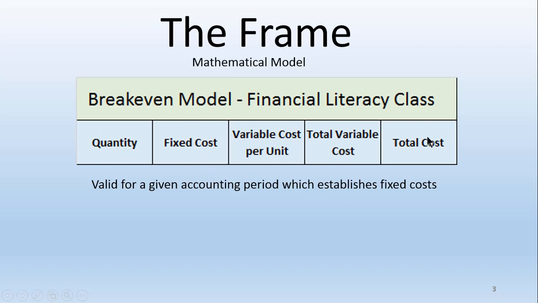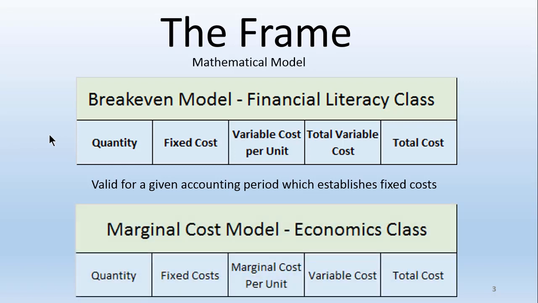and just total cost. Now, this model is good for a given accounting period, because from the accounting period, you establish your fixed cost. For example, if it's a monthly period, you might put rent down as a fixed cost. Now, the economics world takes this exact same frame, and they change it slightly. It's all about cost, but they now have something called marginal cost per unit and variable cost.